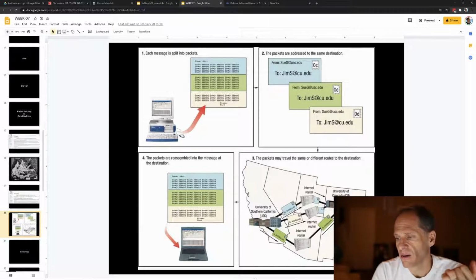So maybe your information would go this route, or this route, or that route. And then when it got to its destination, the packets of information would get reassembled. As opposed to having one circuit connecting you and whoever you're communicating with, your message could go over any number of routes.